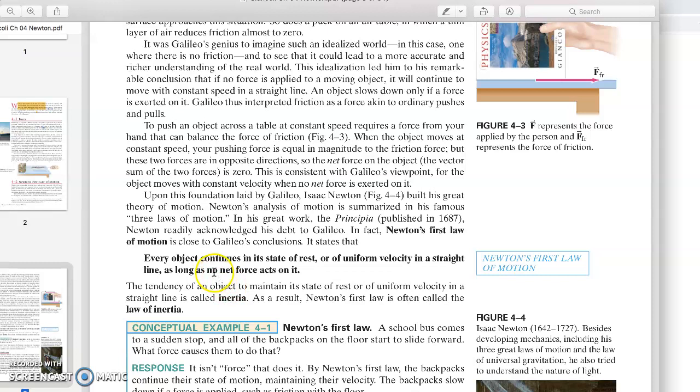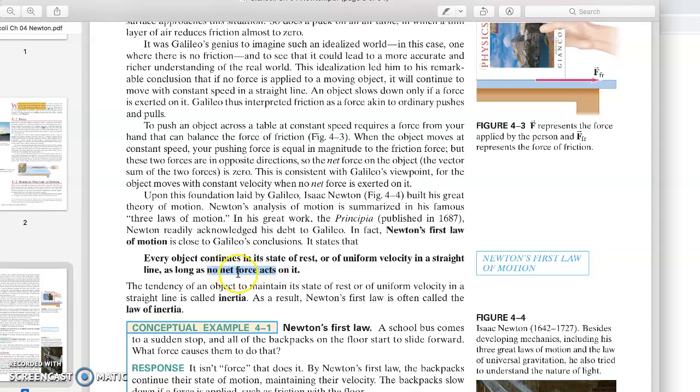I like that the book here said no net force acts on it, because forces could be acting on it, but the net force is zero. So that is considered as if no force is acting on it.